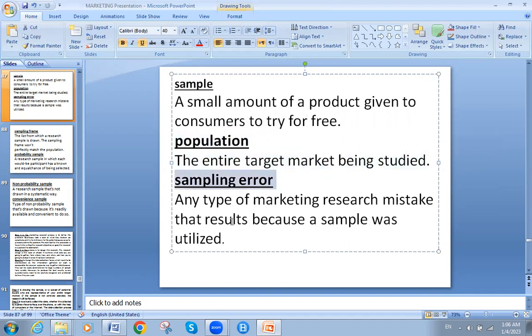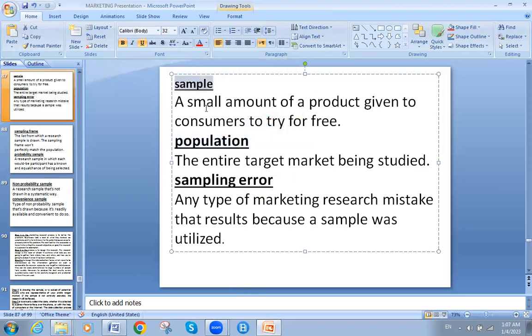We also have to know there is something we call sampling error. What is the sampling error? It's the gap or deviation between the sample and the population. If the sampling error is big, that means there is a very big gap between the characteristics of the sample and the characteristics of the whole population.